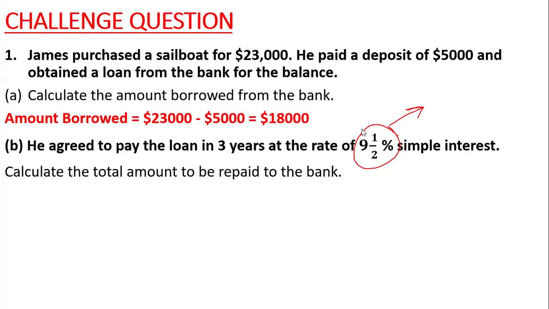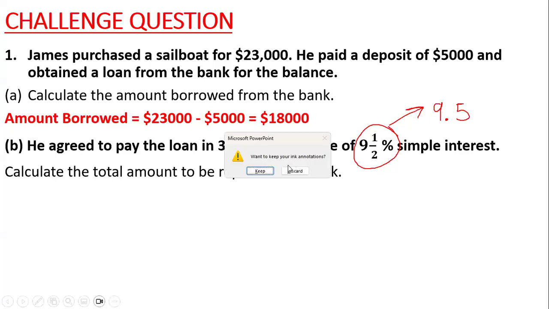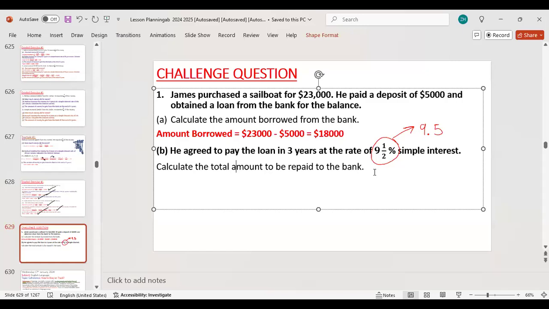So if we have 9.5, what is a half as a decimal? What is 9.5 as a decimal? 9.5 flat. All right, 9.5 flat. And so let's go ahead and write that. And then after that, it's just gravy at that point.